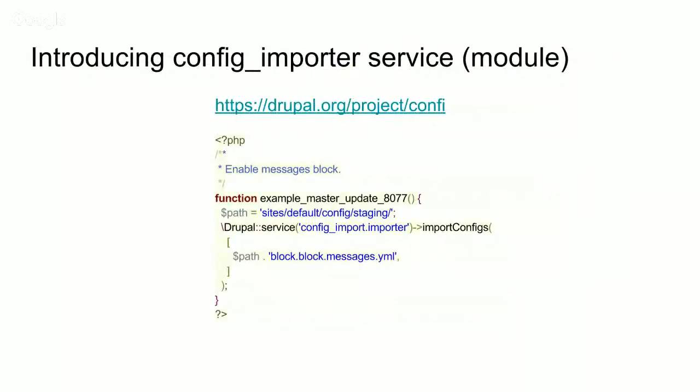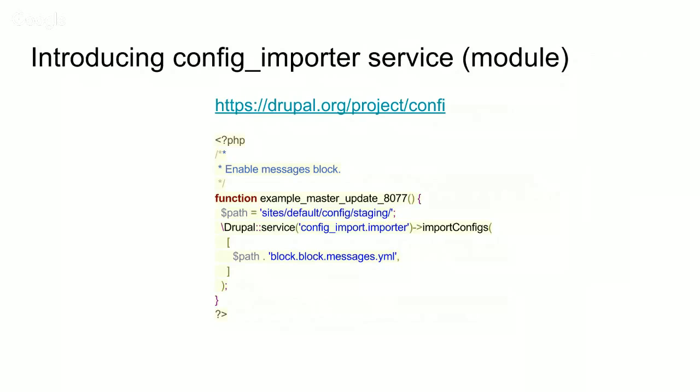And now I want to introduce you to our created module, named config importer. It's already pushed to Drupal.org. It's a really simple module, and here is an example of using it in hook update.